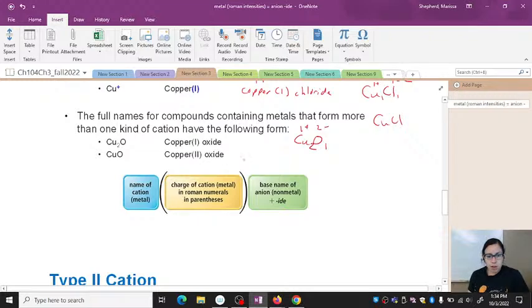And then for copper(II) oxide, do the same thing. If you do the swap trick, you would get Cu2O2, but we want it in the smallest whole number ratio, so that brings us back to CuO. Or you could always just recognize this is 2 plus, 2 minus, a 1-to-1 ratio.